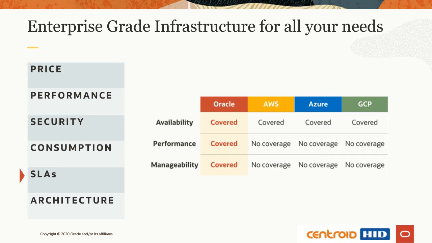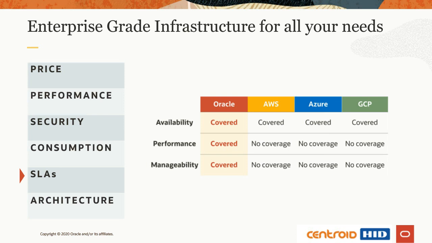Here's another significant difference with what Oracle's service level agreements are versus some of the other cloud vendors that are out there. All of the cloud vendors offer availability SLAs, and that just says that the resource that you have subscribed to will be available, you can ping it, etc. But none of the other cloud vendors offer performance guarantees or manageability guarantees or service level agreements around it.